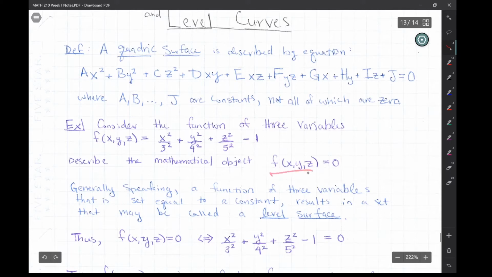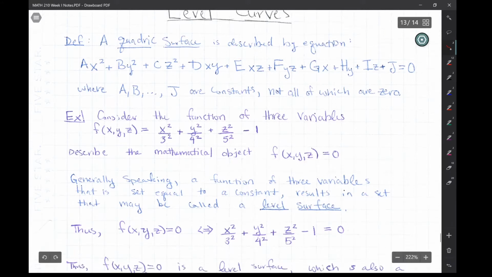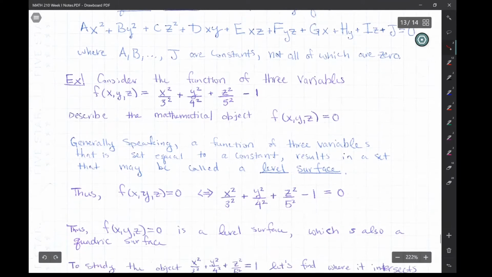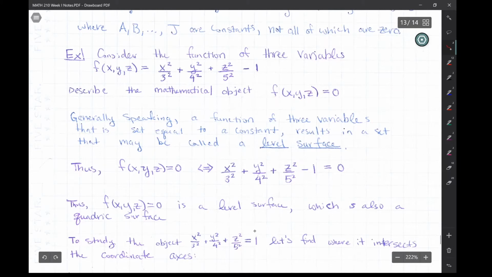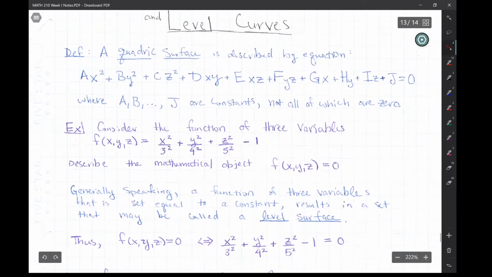Now, whenever you take a function of three variables and you set it equal to a constant, in general, what you get as a result is called a level surface. And we could see why, because look at f(x, y, z) equal to 0. Let's take this expression, put it in here, and we get this over here. Now, what is that? Well, if we move this one to the other side, we have ourselves a quadric surface, okay?